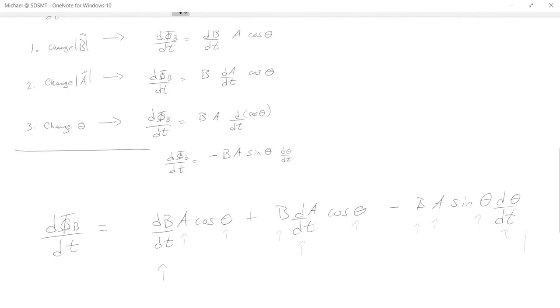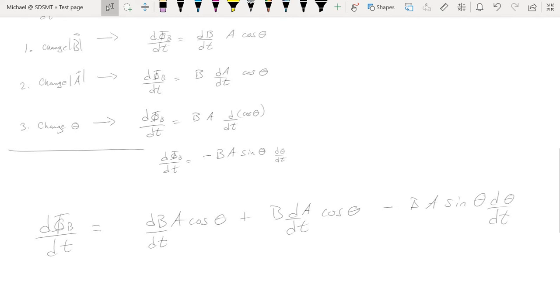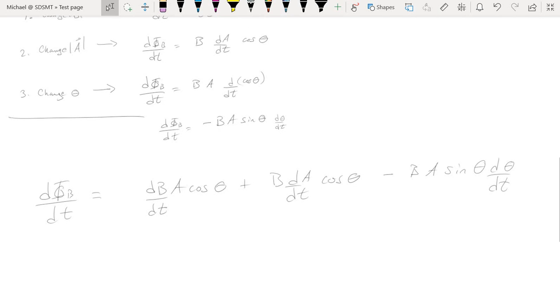Now, this is not to say that we're going to have problems in our homework or a test where all three of these possibilities are occurring in the same problem, but in real life, it could happen. And we need to be aware of that as we move forward with our work.